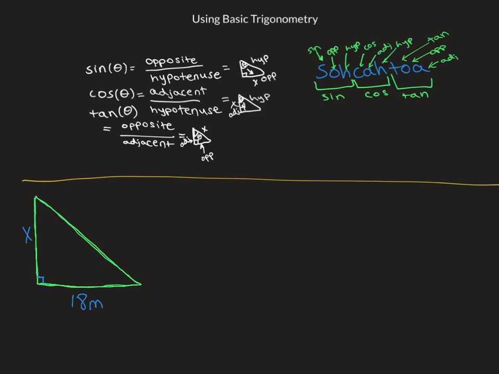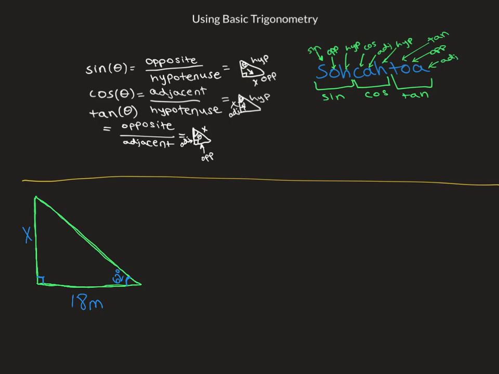And then instead of theta, as we had discussed, we are given an angle of 62 degrees. And now the problem is asking us how we solve for x. How do we get to the value of x?